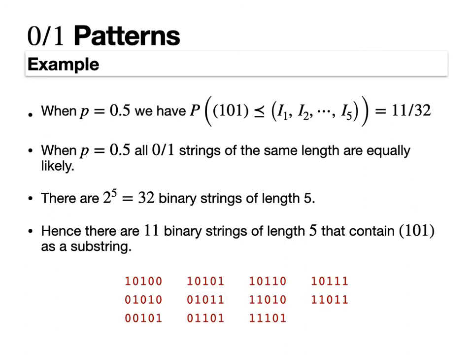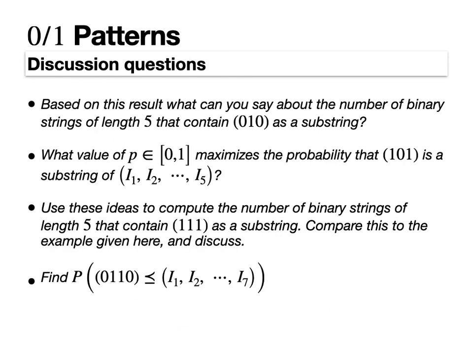And there they are. But what was interesting is we could calculate that probability without specifically enumerating the set of strings of length 5 that contain 1, 0, 1. So, some discussion questions here.